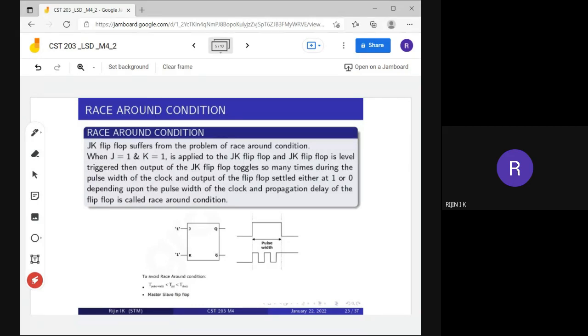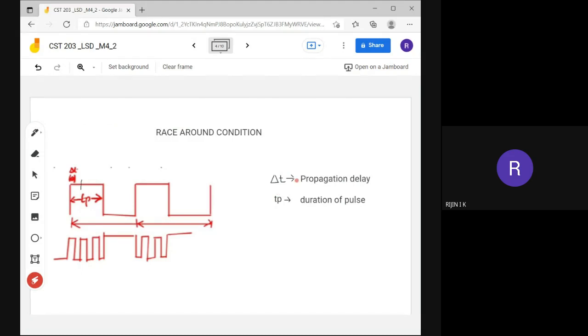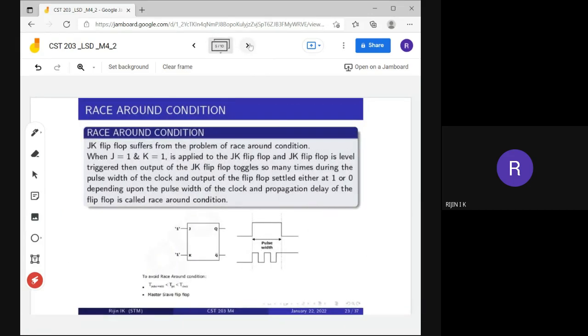So how will we eliminate this? One solution is to keep the duration of the clock pulse less than the propagation delay, but practically it is not possible. So, in order to avoid the race around condition in JK flip-flop, we will use another technique called master-slave flip-flop.